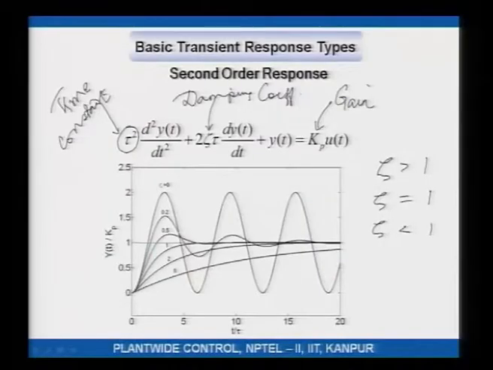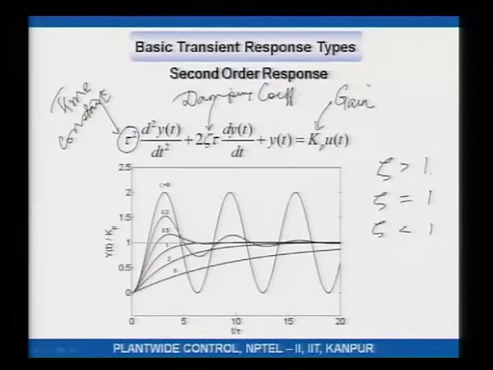If you go into the theory of differential equations, what you will find is the left hand side can be described, the characteristic equation has got roots. When epsilon is greater than 1, both the roots are real and not equal. At epsilon equal to 1, the roots are equal and real.